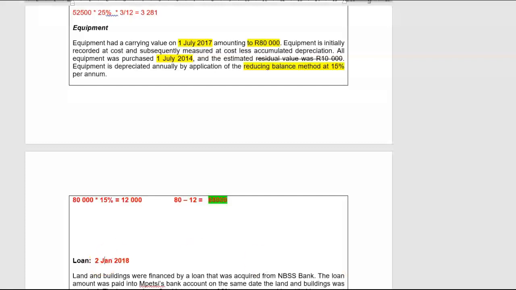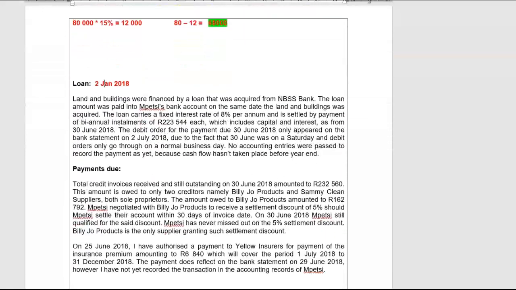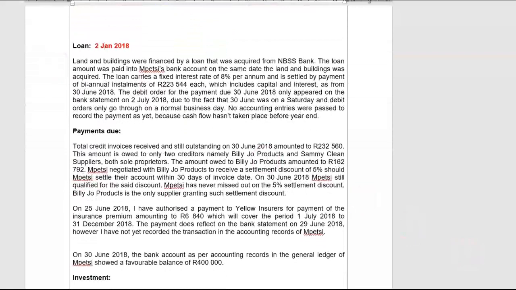Good. They tell us then the particulars of the loan. The loan carries a fixed interest rate of 8% per annum and is settled by payment of biannual installments. That means twice a year, of 223,544 each.